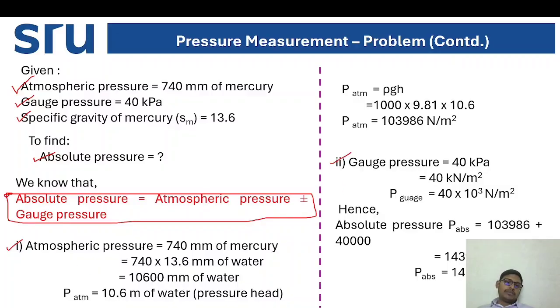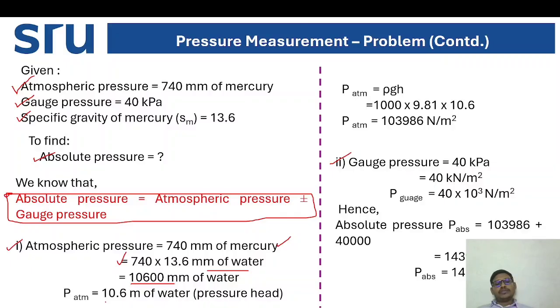So atmospheric pressure equals 740 mm of mercury, as already mentioned in the question. So 740 into 13.6 gives 10,064 mm of water, that is, P atmosphere is 10.06 meters of water, which is the pressure head.